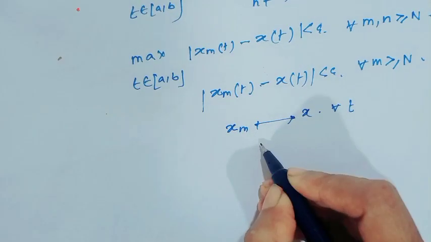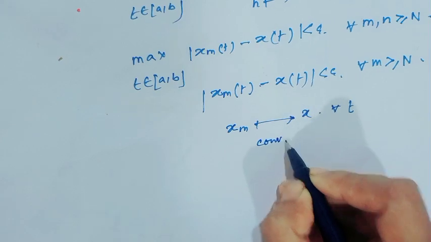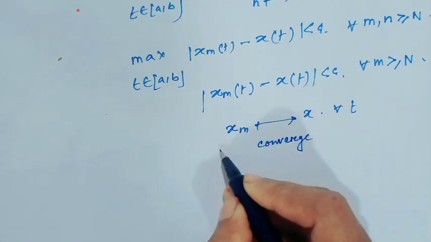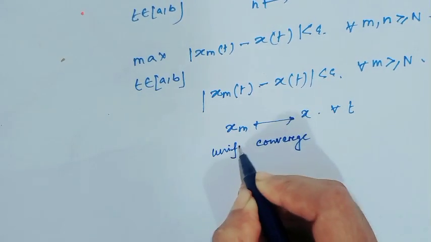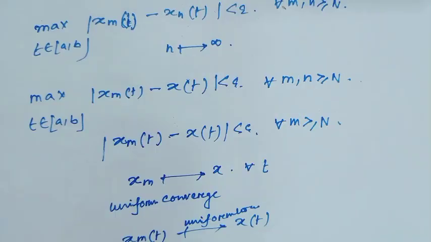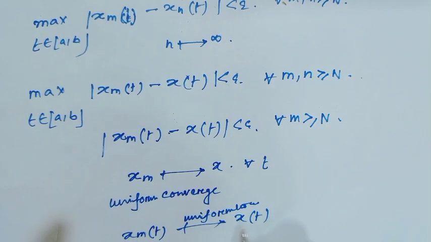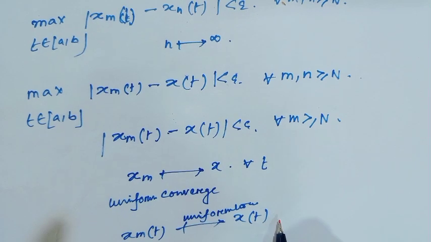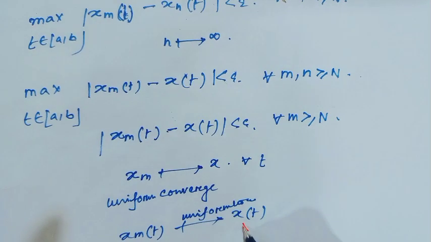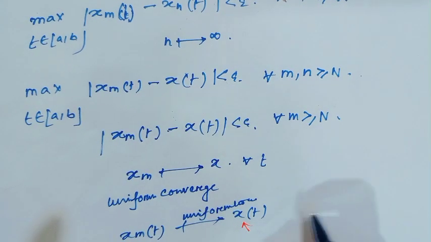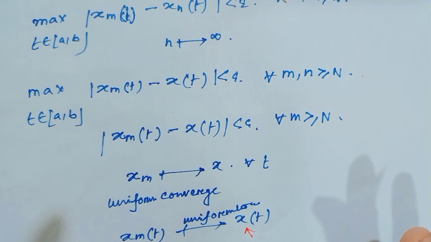That means this convergence is actually uniform convergence. So since x_m(t) converges uniformly to x(t), obviously this x(t) is always a continuous function.